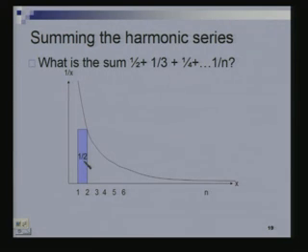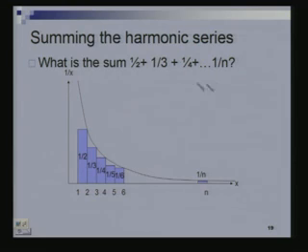So the area is 1/2. The next one will be 1/3, because I have drawn a line here at 3, so the area is 1/3. So I am getting the terms here. Next one 1/4, 1/5, 1/6. The last one at n, I will draw it in this manner.